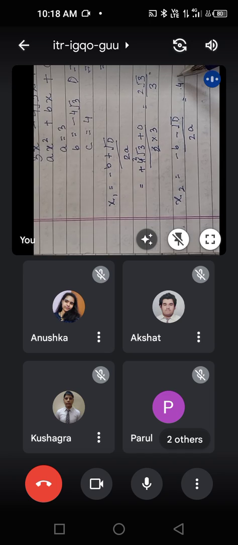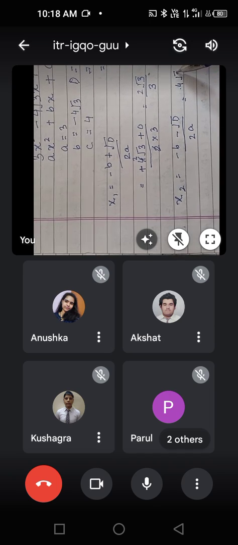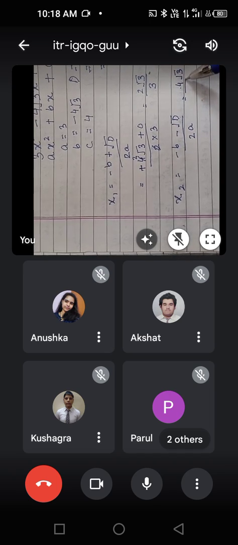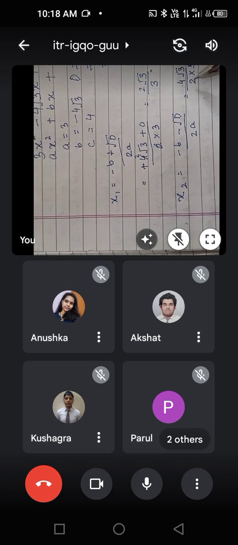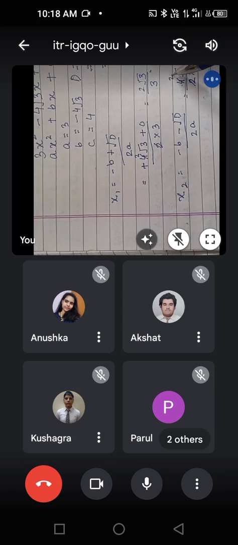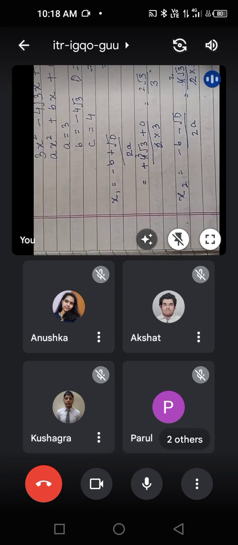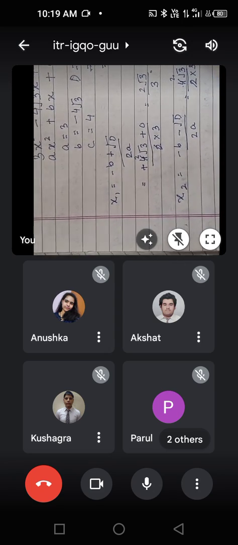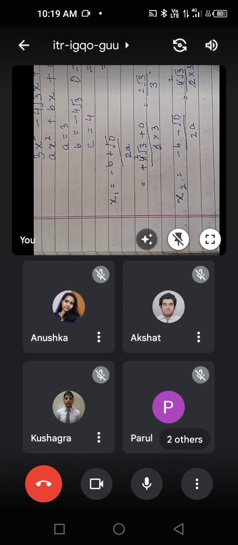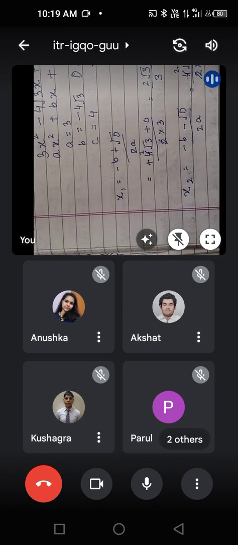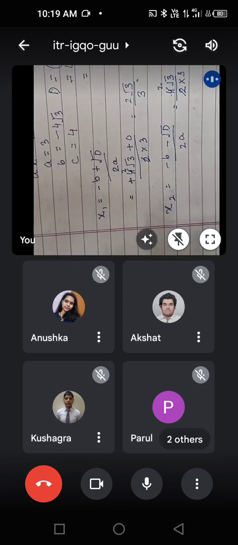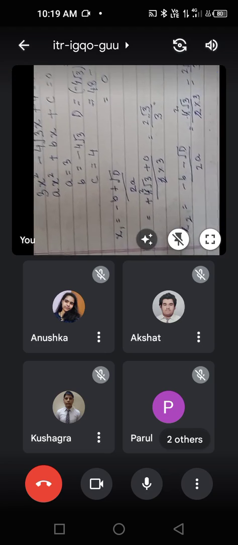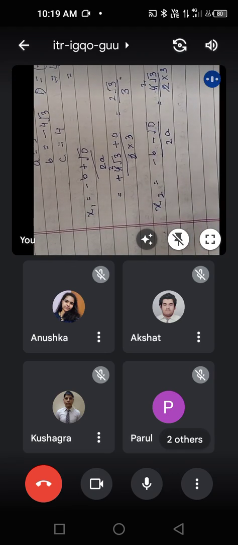Minus minus will be plus 4 root 3 upon 2 into 3. Cancel out 2 to the 4, that is 2 root 3 upon 3. Right? So this way you can solve this type of questions where you have to tell the nature of the roots utilizing these quadratic equations.